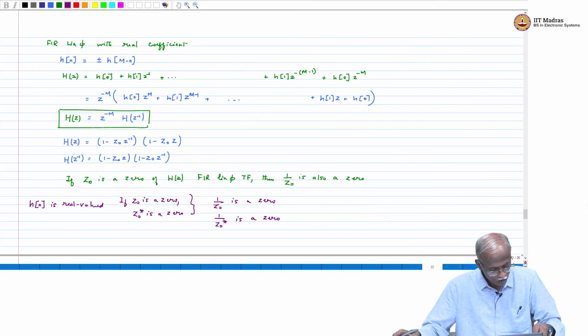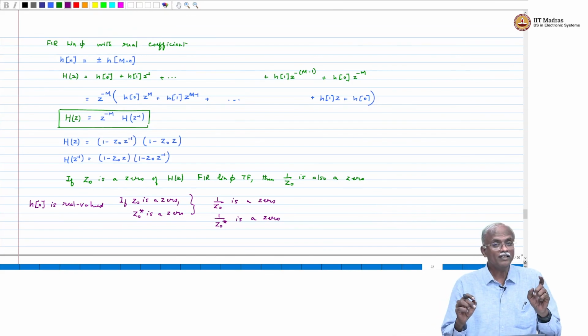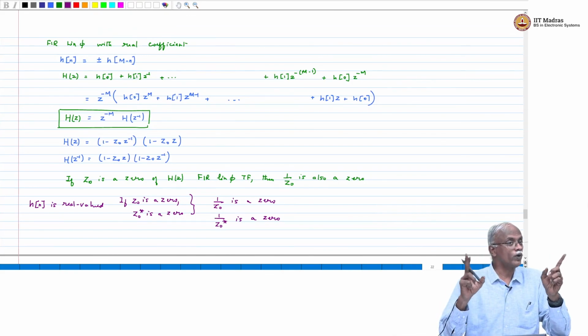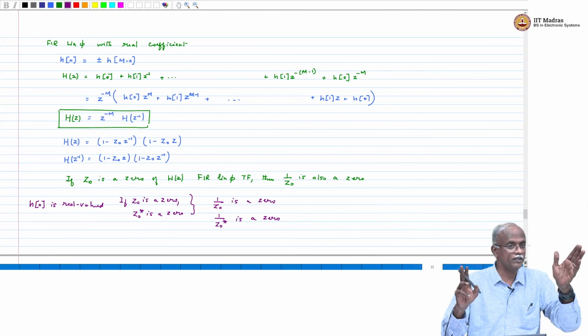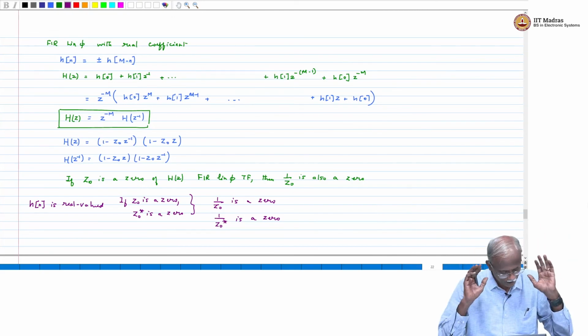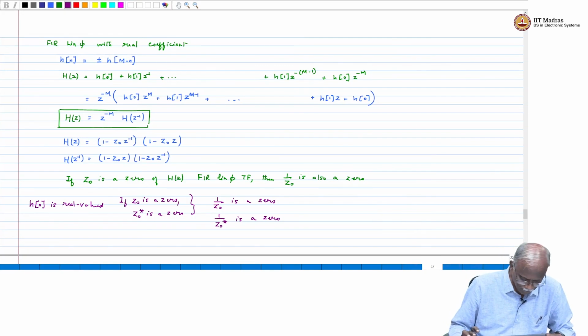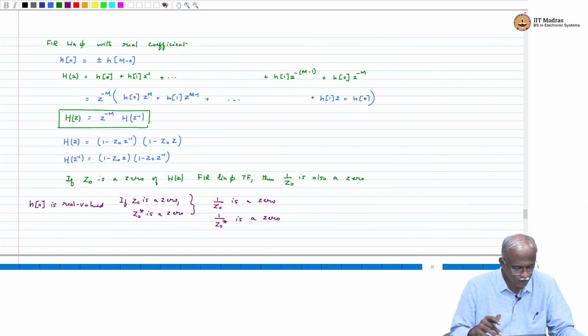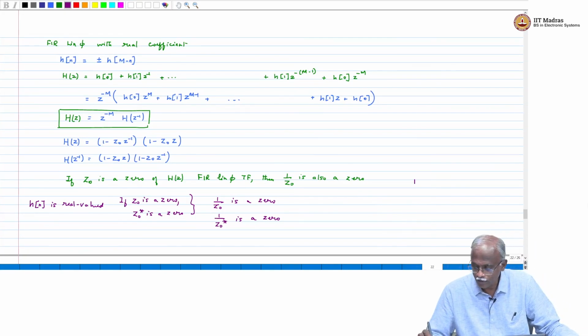Okay. So does this look familiar? Like a magnitude squared transfer function, right? Because that's where you have the zero, conjugate, reciprocal, conjugate reciprocal. All of them are present. Interesting. That's what we find in the context of a linear phase FIR transfer function.